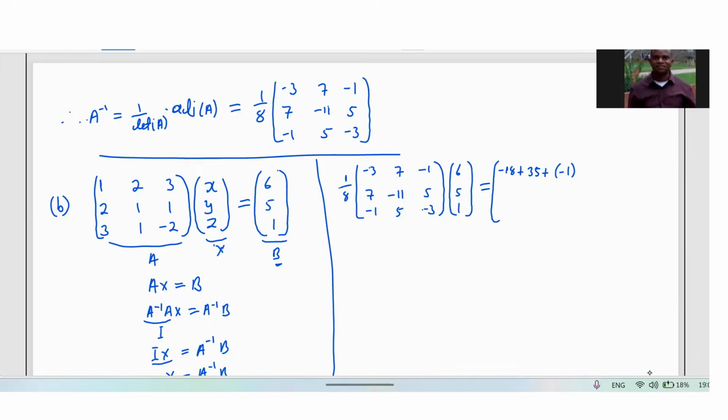I will multiply 1 over 8 at the end. So let me put it like this. This is multiplied by 1 over 8.